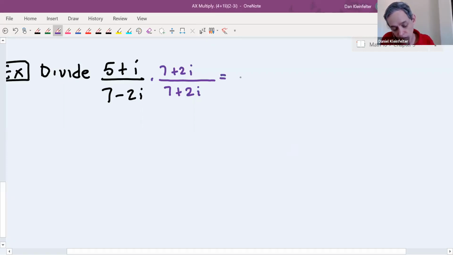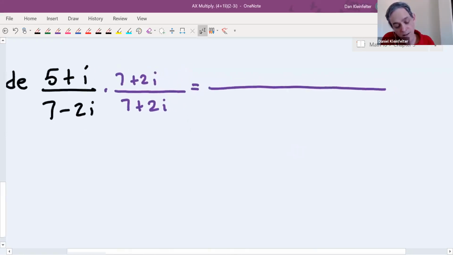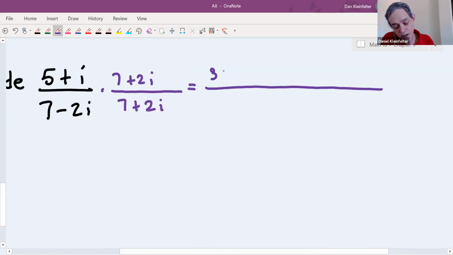Okay, so now we're multiplying in the numerator. So let's do that. 5 times 7 is 35. And then outers, that will give us 10i. Inners, 7i. And then last, 2i squared.